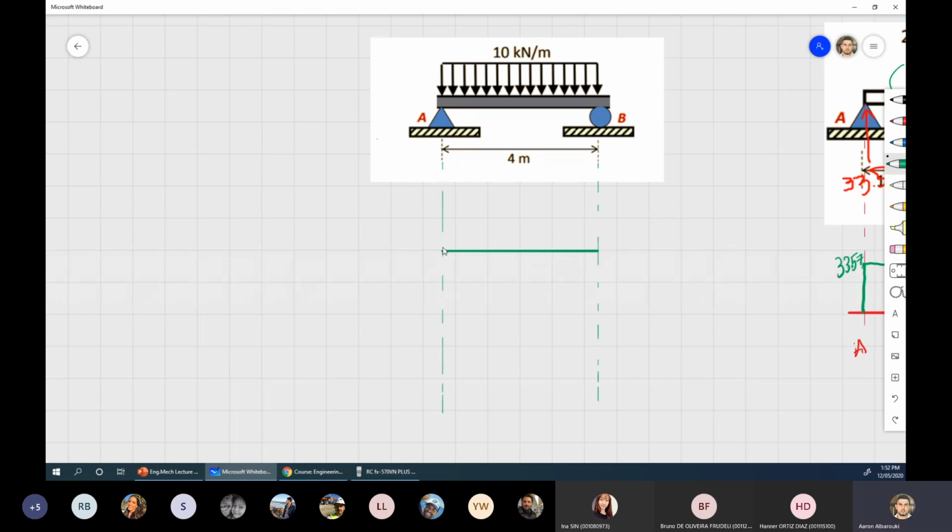So we have a UDL here. Assume this is a UDL, 10 kilonewton per meter. That means I'll have a reaction here and a reaction there, of how much?